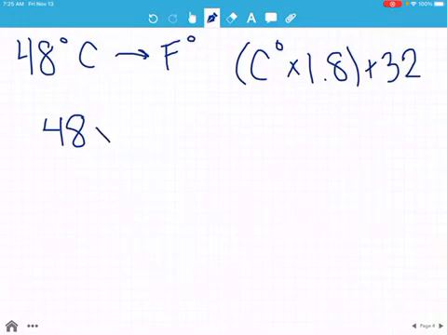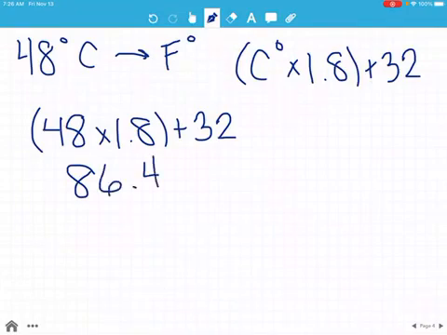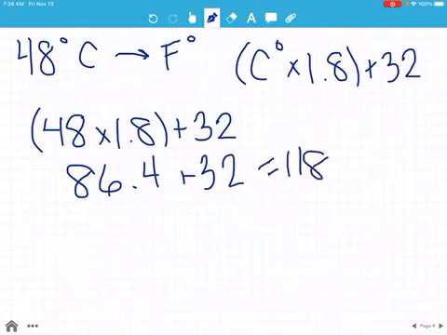So we will do 48 times 1.8 and add 32. Again, we just use a calculator. I'm just using the one on my phone right now. When I do my multiplication, I get 86.4. Then we add 32 to that. And we get 118.4 degrees Fahrenheit. We must be in Arizona in the middle of the summer.